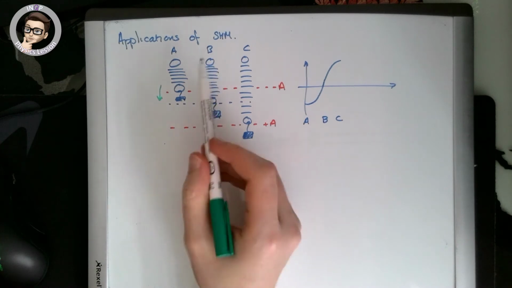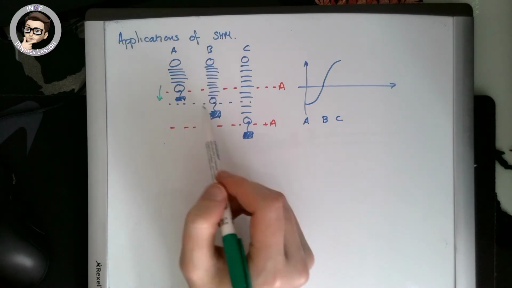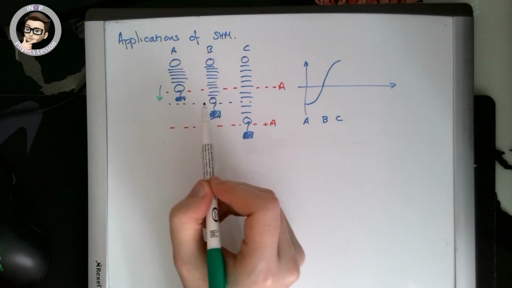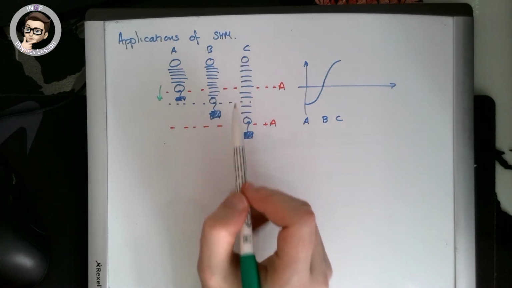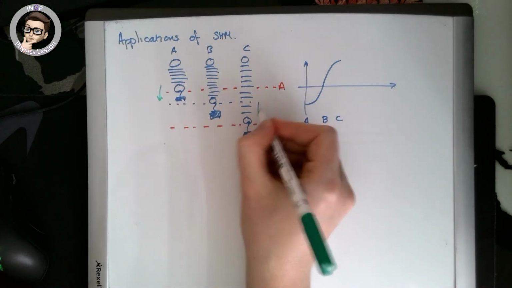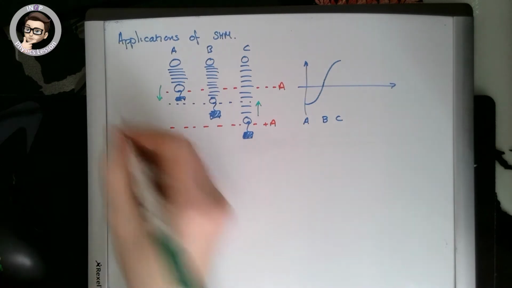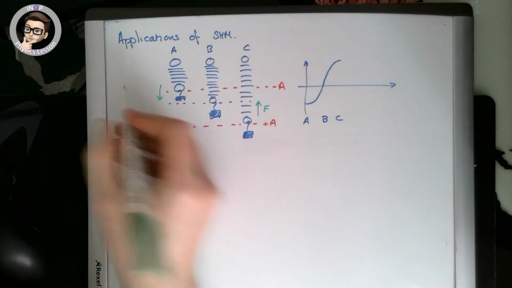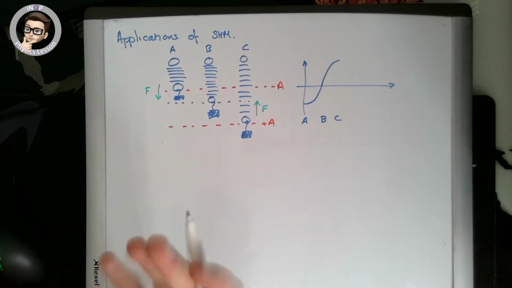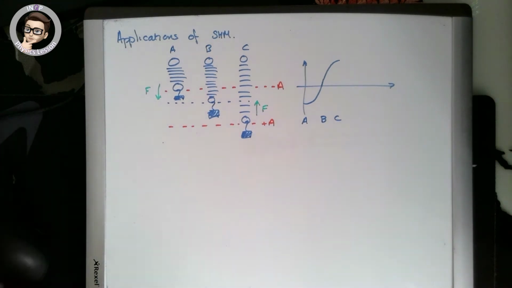So in fact, there's no force at this point because we also know there's no acceleration. So there's no force, there's no acceleration. But when I stretch my spring, when it's reaching point C here, there's going to be a restoring force acting in the opposite direction. So we've got these forces acting upon the spring, which is trying to return it to where it should be. The restoring force is what we call them.